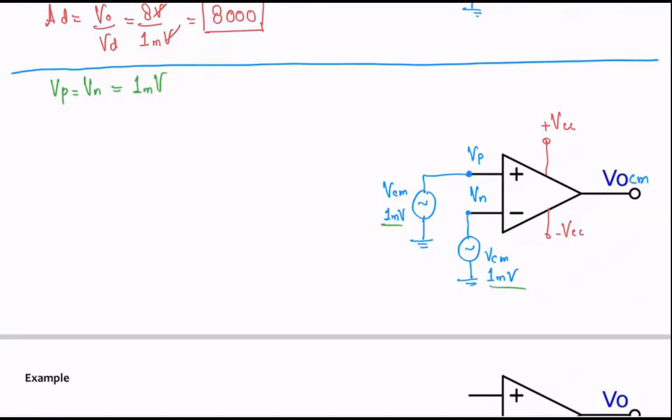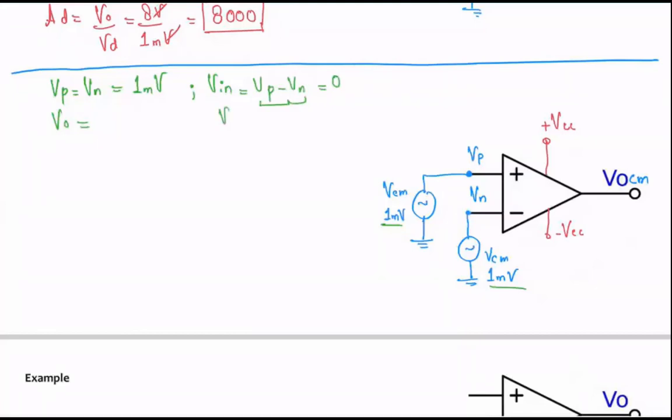What should V naught ideally be here? If Vp and Vn are the same, ideally V naught is going to be 0, because Vd is Vp minus Vn, and both are the same, so that is 0.